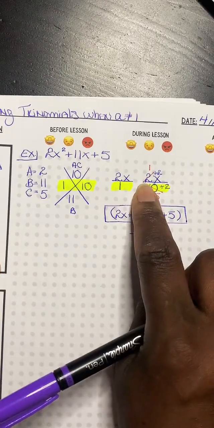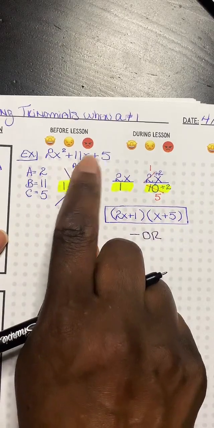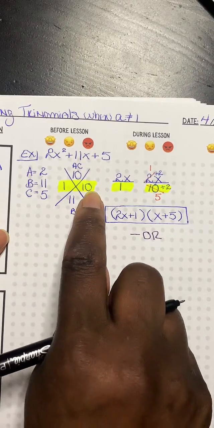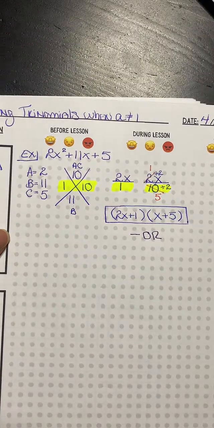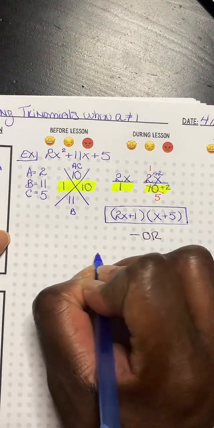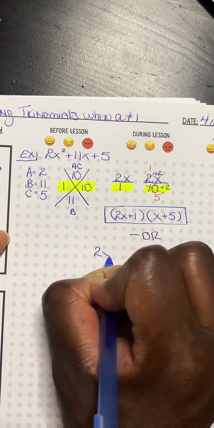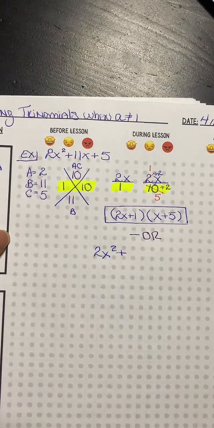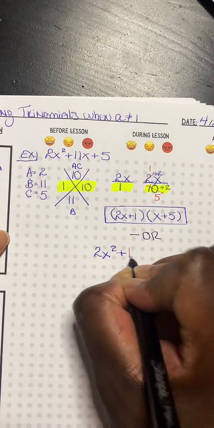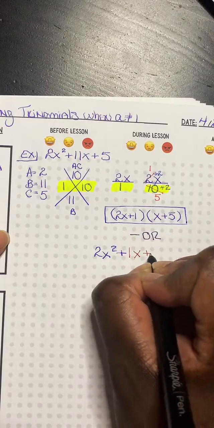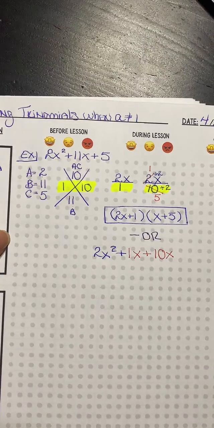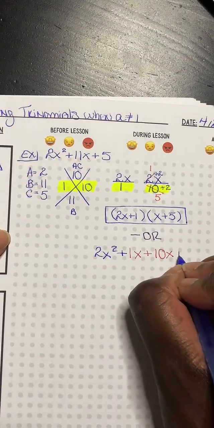Instead of fractions, let's replace that middle term with the 2 factors that we found. So it's going to look like this. We have our 2x squared plus, putting in the 2 factors, this will be a 1x plus a 10x. And then it ends with plus 5.